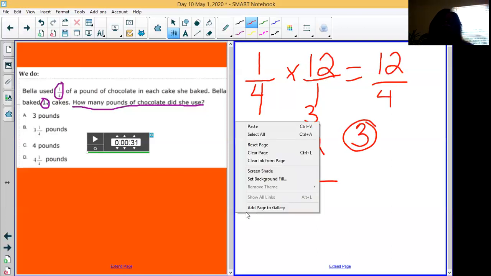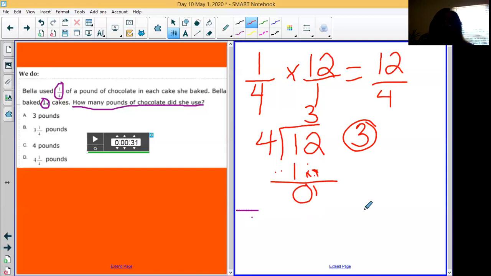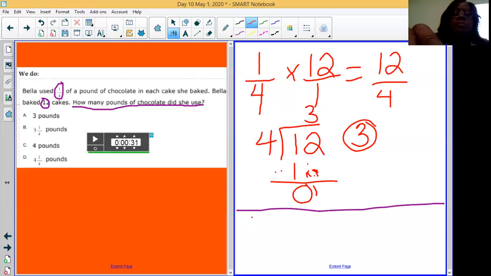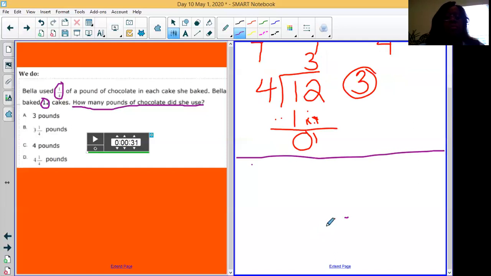We can take that same problem, and this time we're going to use a different strategy. So we have the 12 fourths as our final answer. So we put it in a number bond.